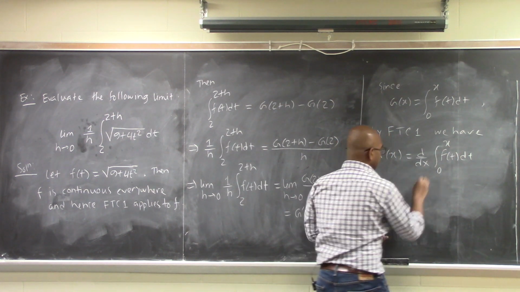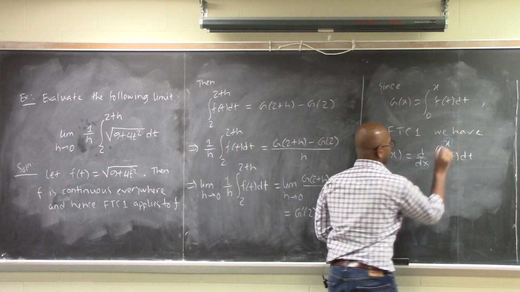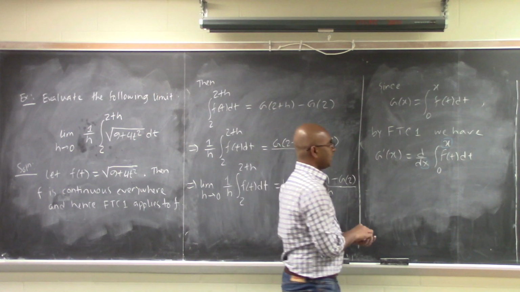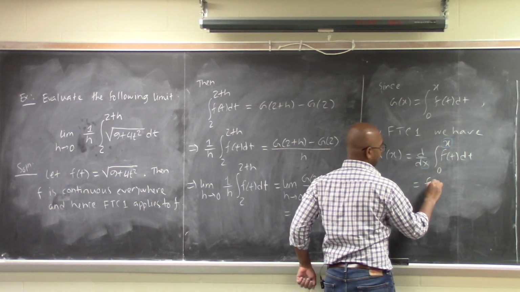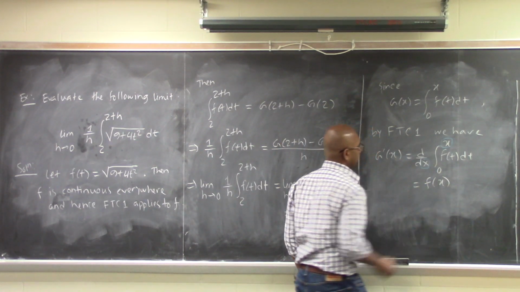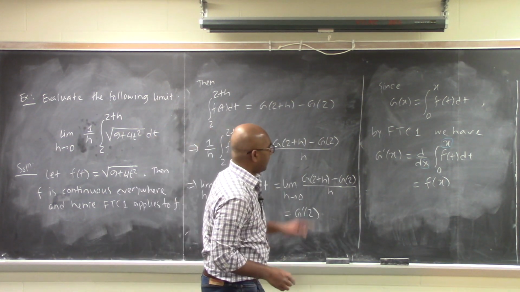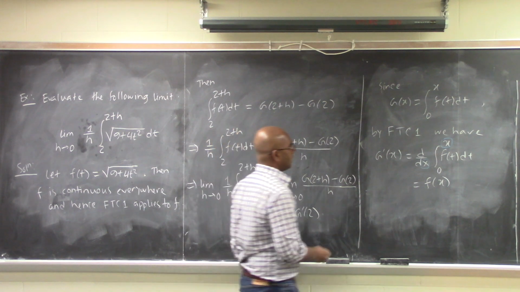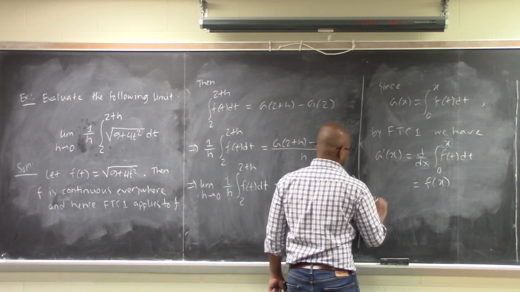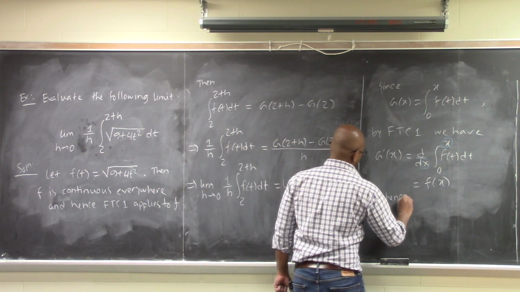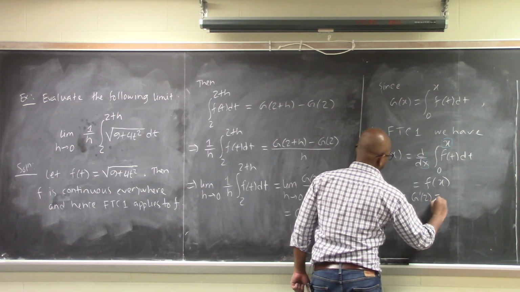You have x here, you have x over there. So by FTC1, this thing equals f evaluated at x. And then g prime of 2 equals f of 2.